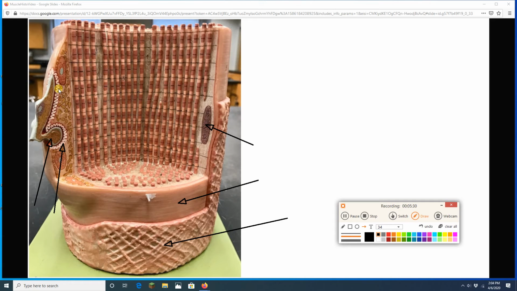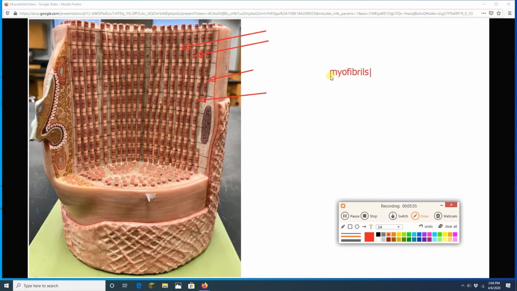All right. We can see something else here though, and that's what I want to draw your attention to. Look at all of these pillars, these rods, these cylinders, whatever word you want to use. These guys are all myofibrils. Myofibrils are these rods of protein that take up most of the sarcoplasm, most of the interior of a muscle cell.